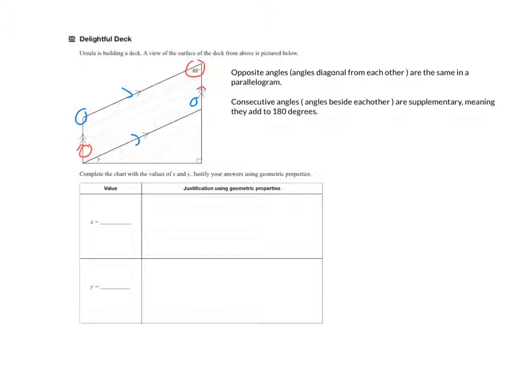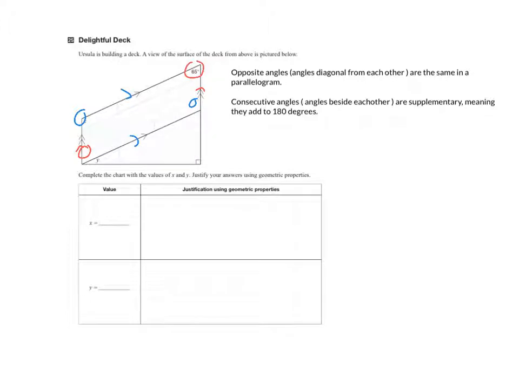They're the same, but consecutive angles, the ones beside each other, for example, this angle here and this angle, these two, they should add to 180 degrees. Because there's four sides, we know that the sum of the angles is 360.